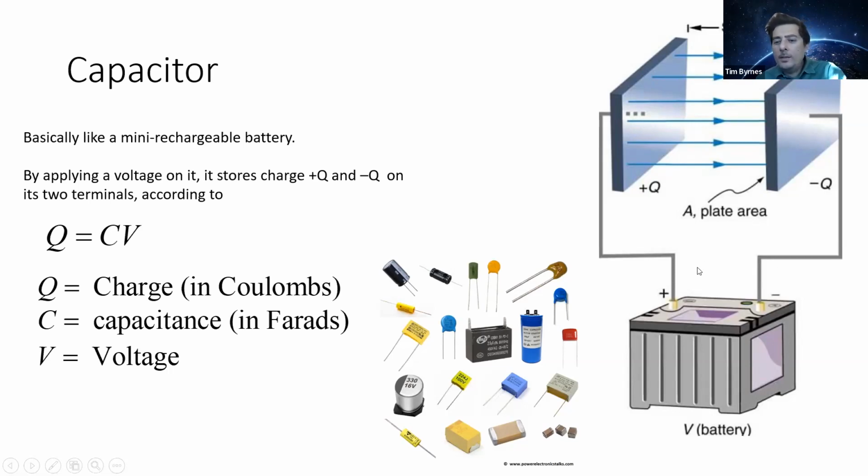Now you could take away this battery, and these charges will want to stay there because opposite charges attract, right? Normally, the positive charges might drift away because positive charges don't really want to be near each other, right?